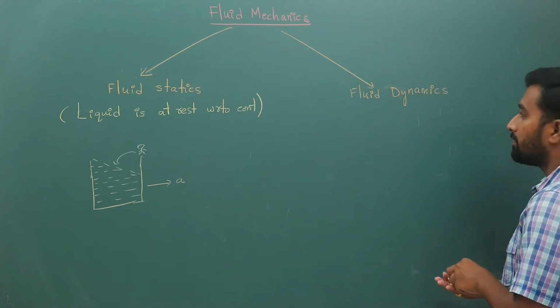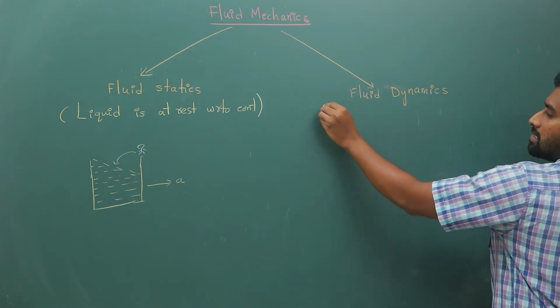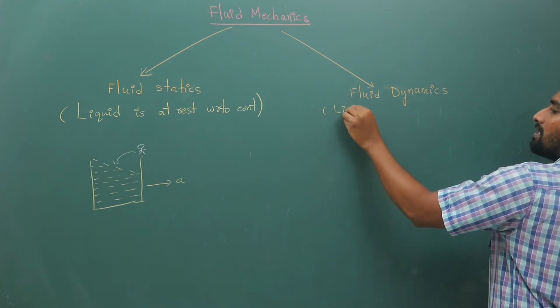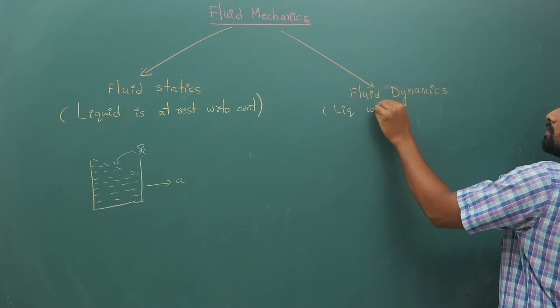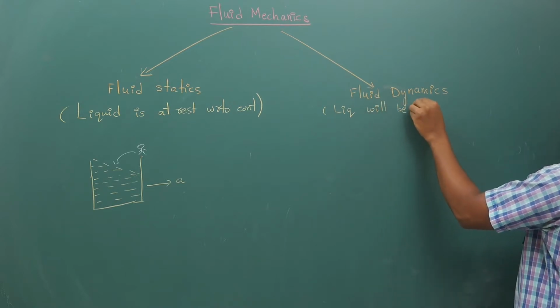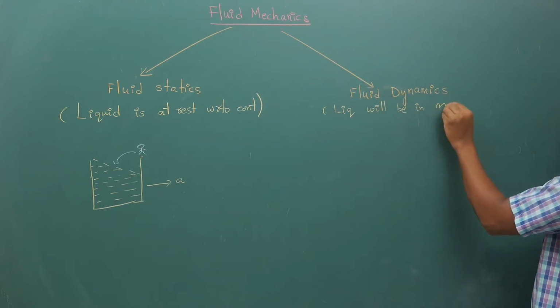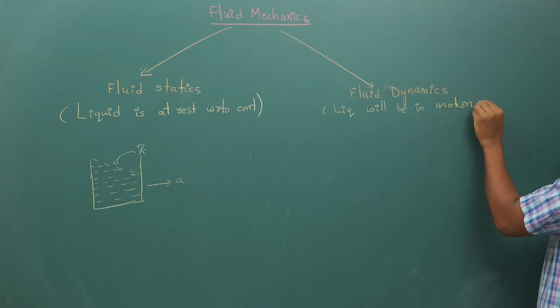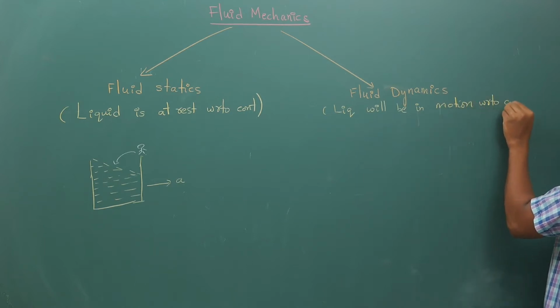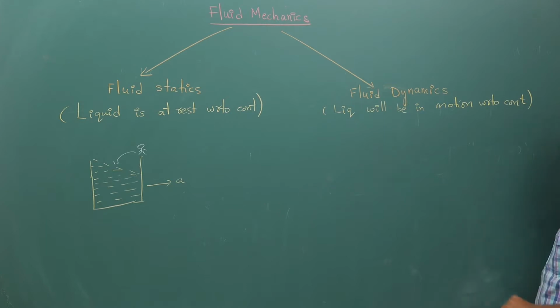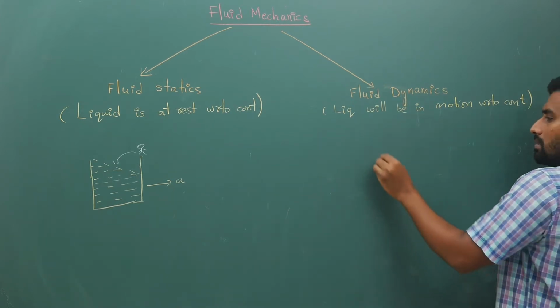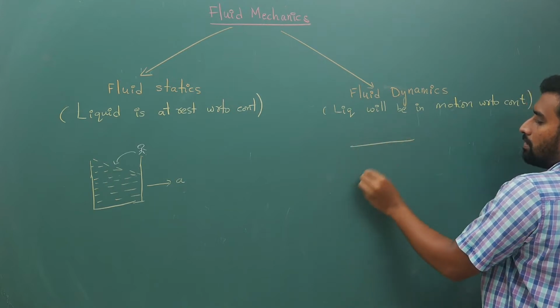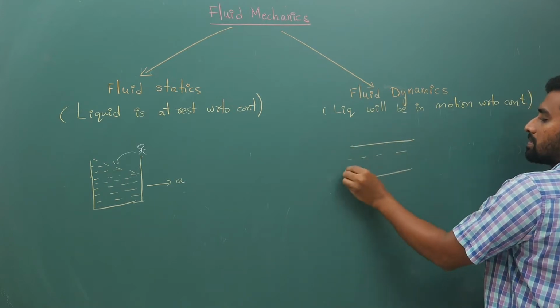Next, what is fluid dynamics? Your liquid will be in motion with respect to the container. That means your liquid will move with respect to the container. For example, liquid flowing in pipes.